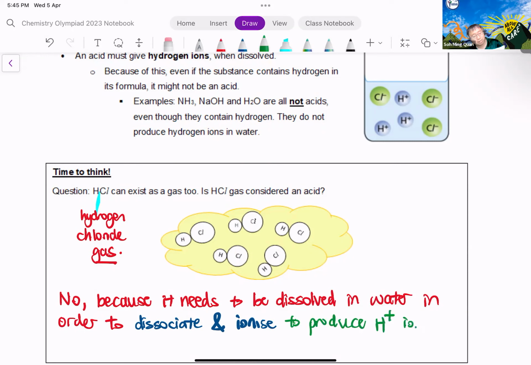So in the gaseous state, there are no H+ ions. Therefore, HCl as a gas will not be considered an acid. HCl as a gas will not behave like an acid because it doesn't have H+ ions. Okay?